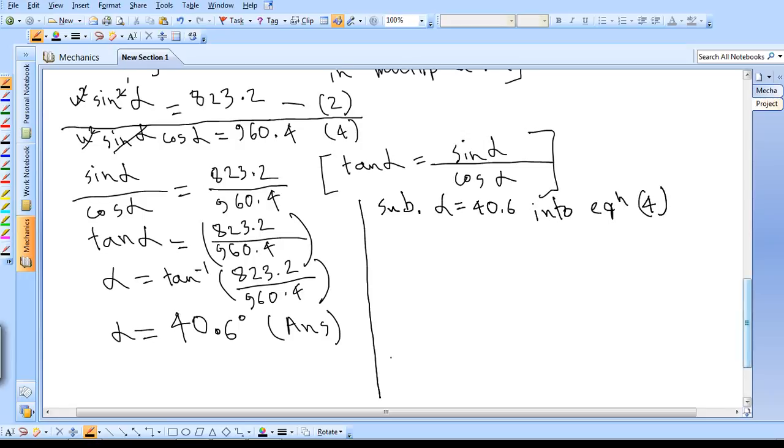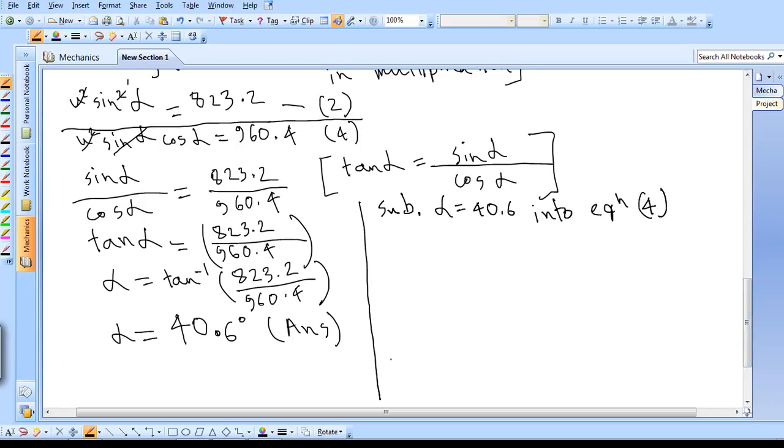Sorry, not in equation 4, because cos alpha is present there, and it will make the math complicated. So we will substitute the value of alpha in equation 2, since only the sine function is present there. Okay, I hope that you have understood.